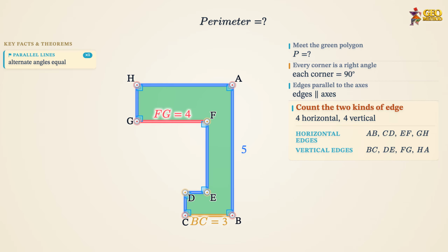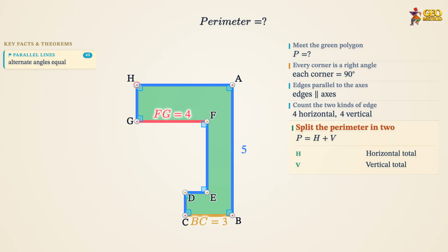Let us count as we walk around. 4 edges stand upright: segment AB, segment CD, segment EF, and segment GH, and 4 edges lie flat: segment BC, segment DE, segment FG, and segment HA. That balance will let us handle each direction on its own.